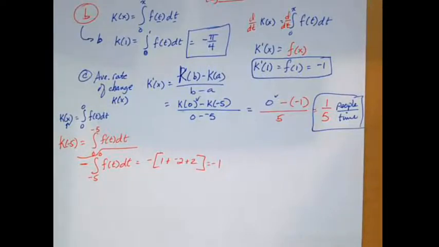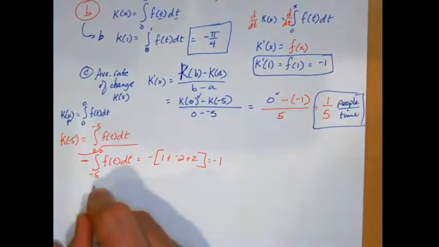Okay. D, verify K of x satisfies the mean value theorem on the interval from -5 to 0. State how many times K prime of c, the value guaranteed by the mean value theorem, occurs on the interval from -5 to 0. So what we need to do is go back to the graph.